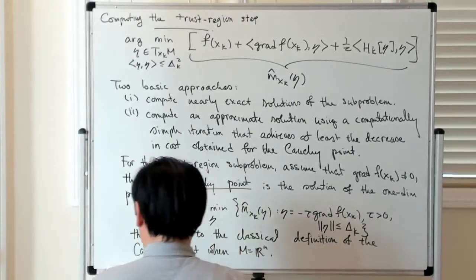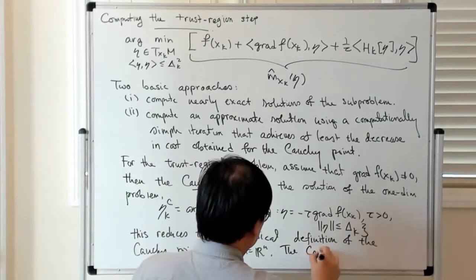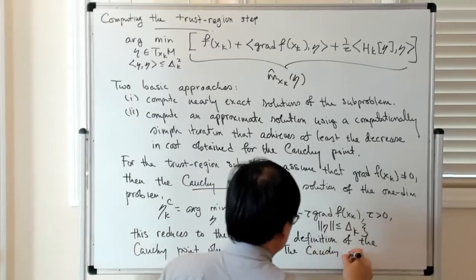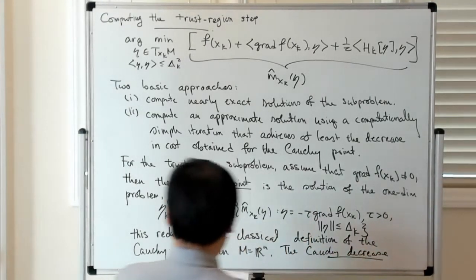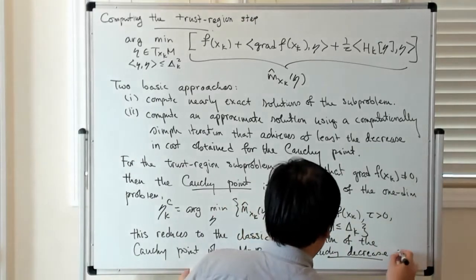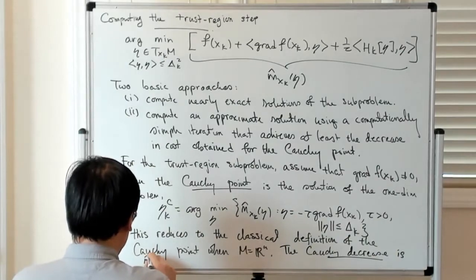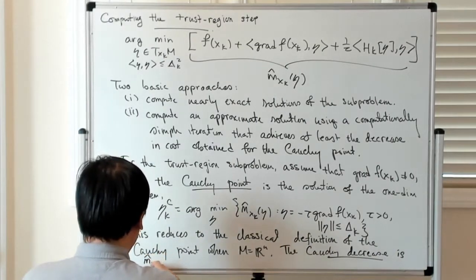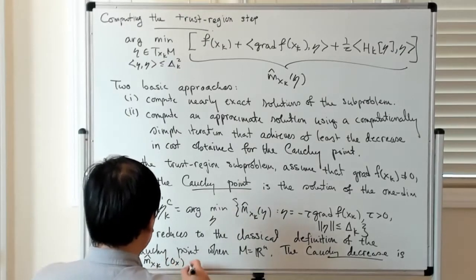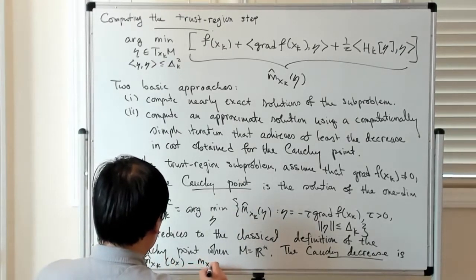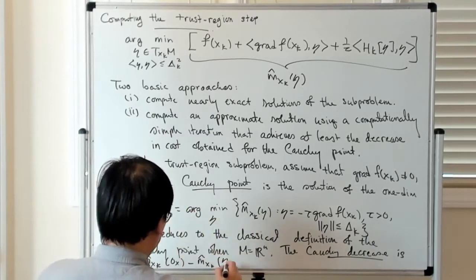And the Cauchy decrease is given by just the difference between m hat at 0x, which is the initial point, minus m hat xk at the Cauchy point.